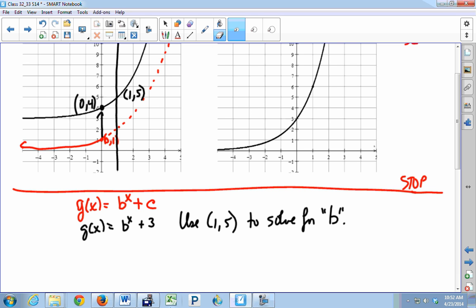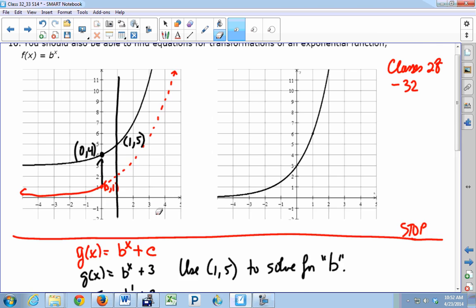Okay, so let's see. When x is 1, the value of my function is 5. So there's a linear equation to solve. 5 equals b plus 3. So what's the value of b? 2. So the equation of this black graph is 2 to the x plus 3.